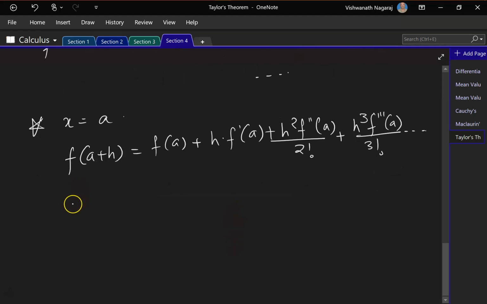Now let's put a is equal to 0 and h is equal to x.